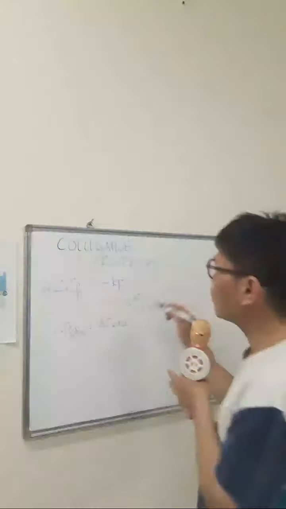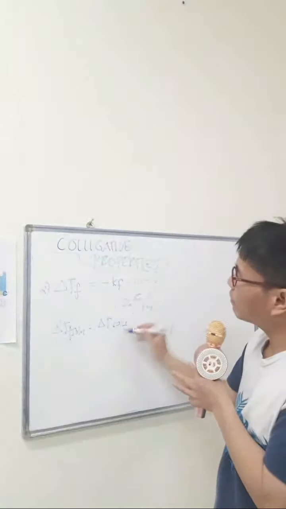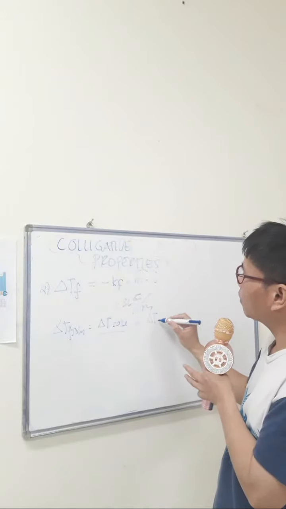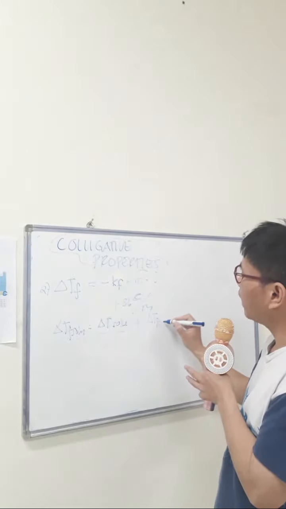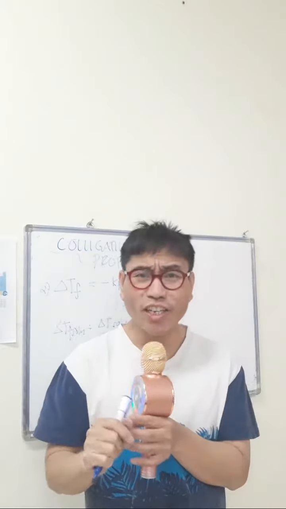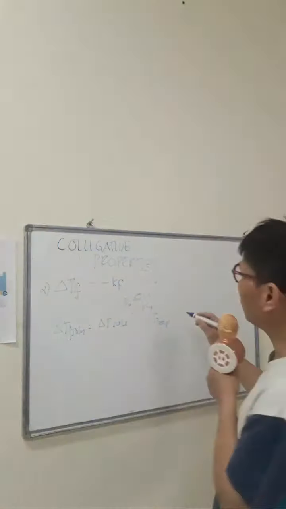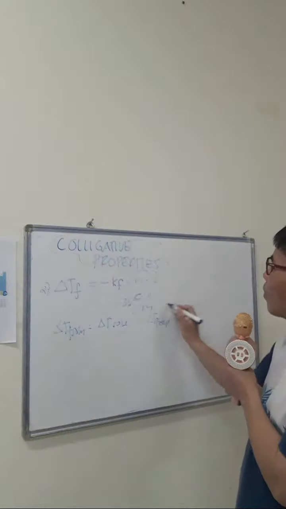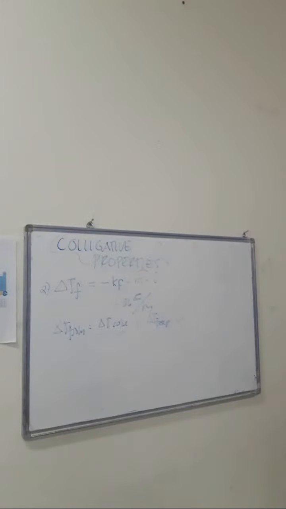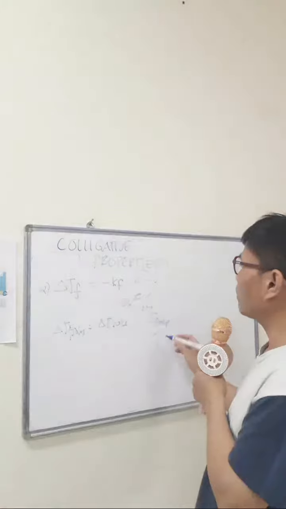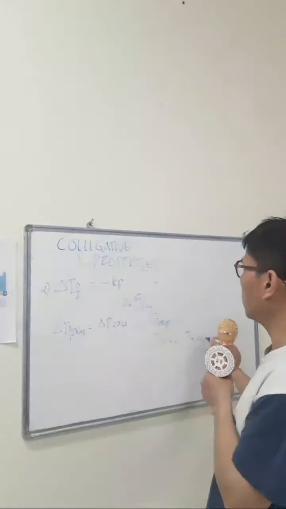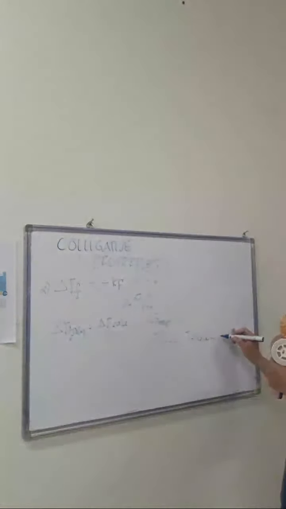The freezing point of the solvent plus the freezing point depression of the solute. So when you say freezing point depression, it is for the solute, not the solvent. When you get the solvent, you can solve that. You get the point, and then you will say the freezing point depression is equal to the freezing point of the solution minus the freezing point of the solvent.